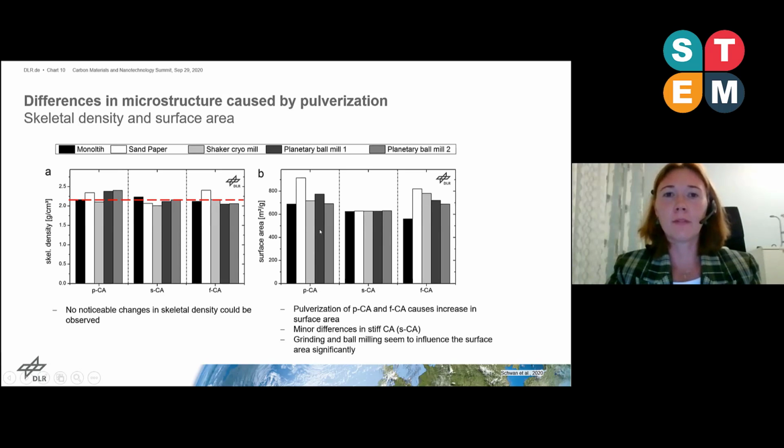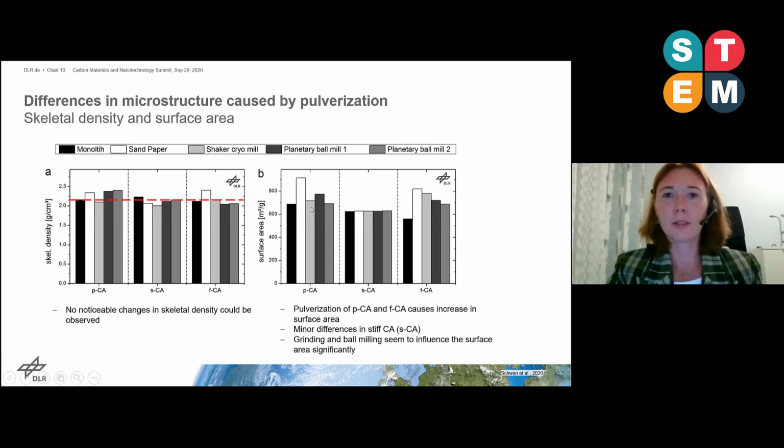Then let's have a look at the surface area. It is in square meters per gram. And here we have, again, our three samples with different techniques. The black columns are for the monoliths, so the initial structure. The white is for sandpaper.